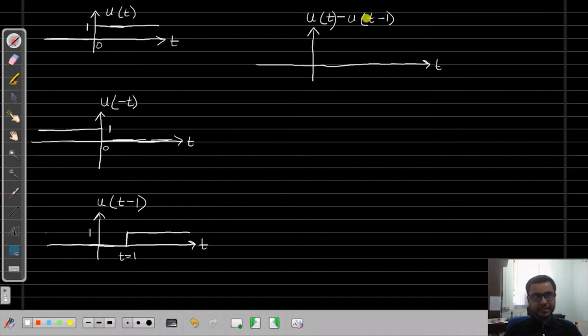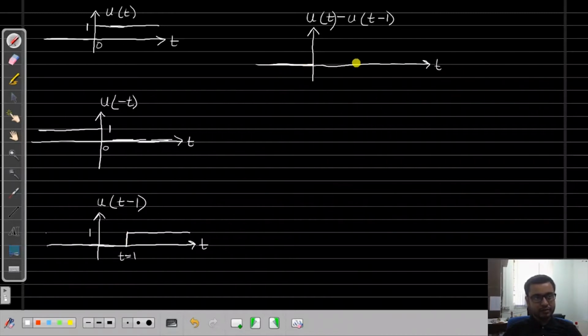To draw this signal, you have to subtract u(t-1) from u(t). Now if you subtract this and this signal, then the difference will be 0 in this part.